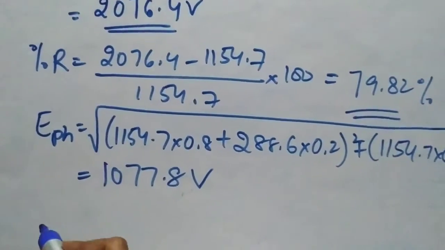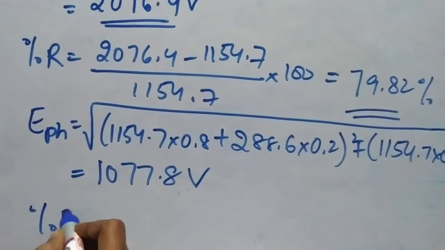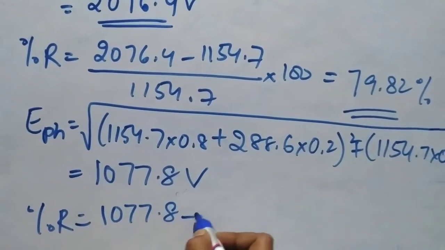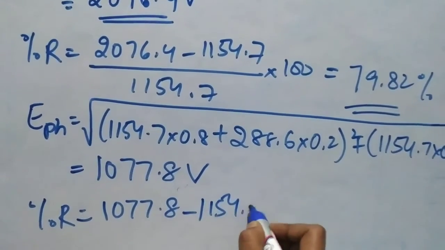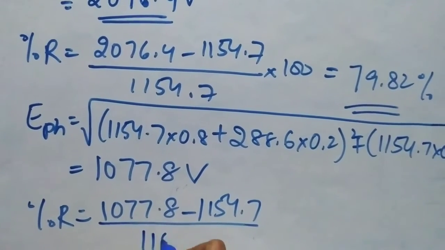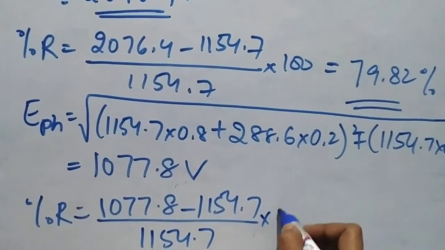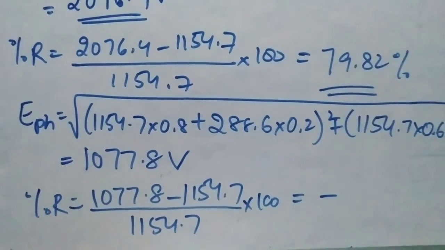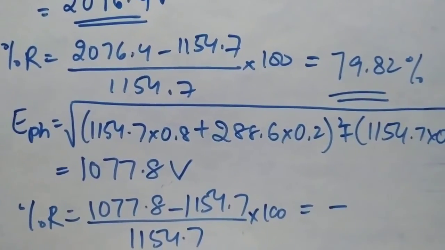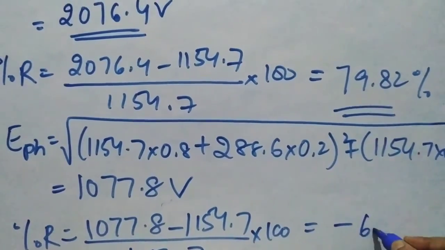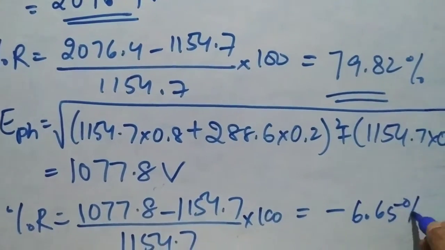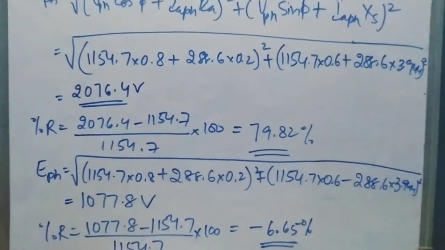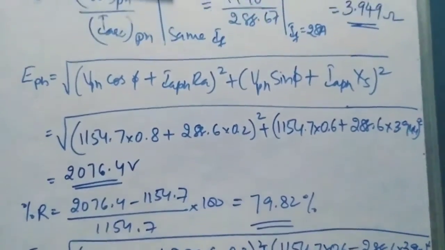Now let us substitute the same value in the regulation: 1077.8 minus 1154.7 divided by 1154.7 times 100. So we get the regulation as negative, minus 6.65 percent. So this is how we have to solve the problem based on the graphical method.